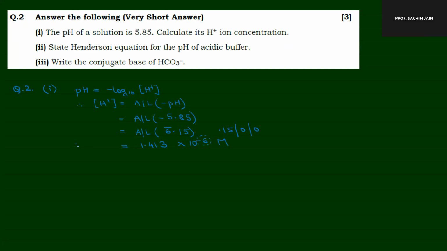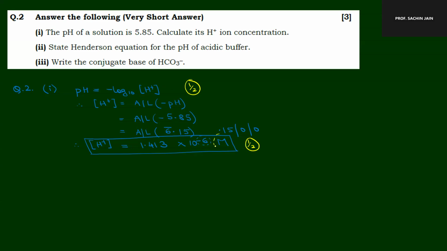It is a concentration, so write it with the proper unit and highlight the answer to show that you know the way to calculate and also the final answer. This will fetch you 1 mark. The 1 mark will actually be distributed as writing the formula, half mark, and getting to the correct answer, half mark.